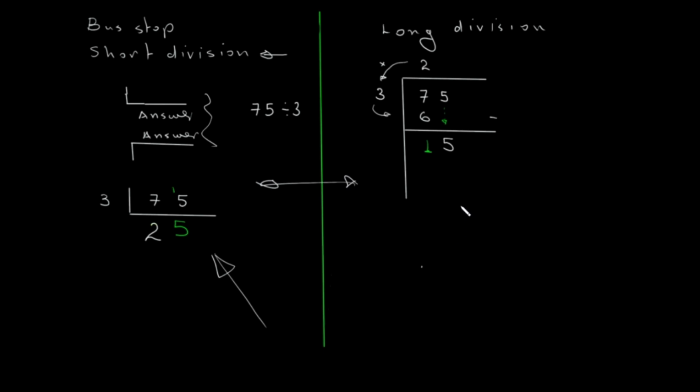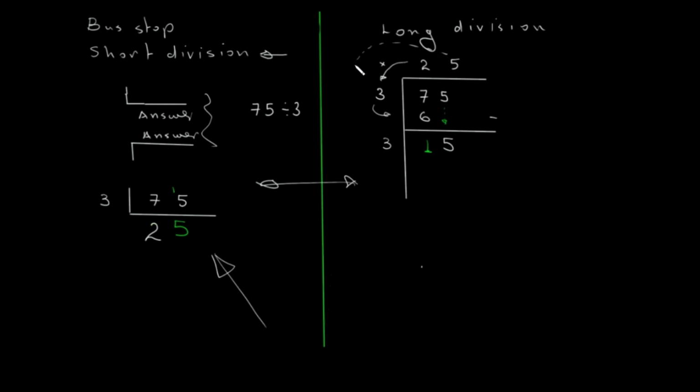Okay, we now want to divide 3 into the 15. So let's divide the 3 into 15. We know that 3 times 5 will give me 15. So we put 5 up here.